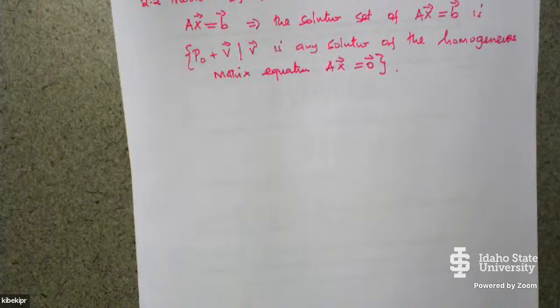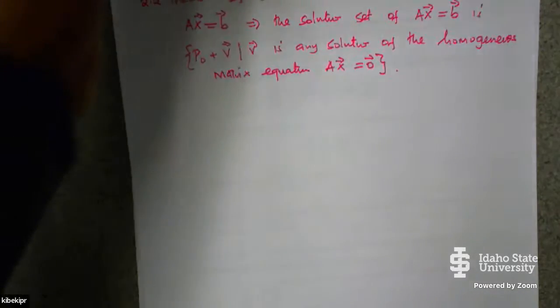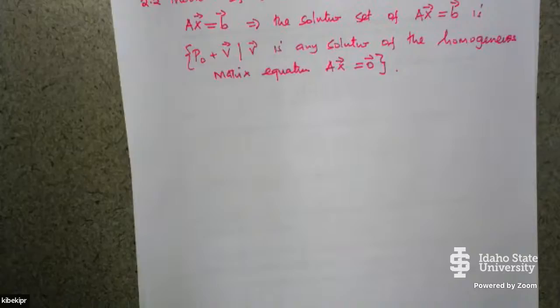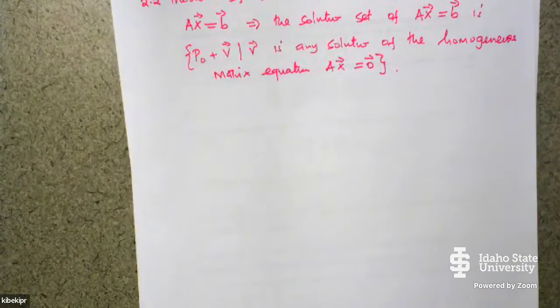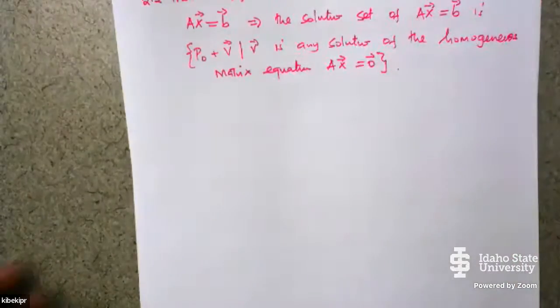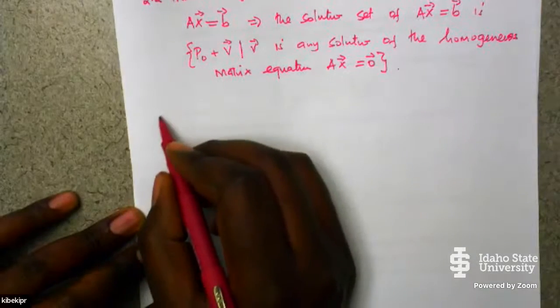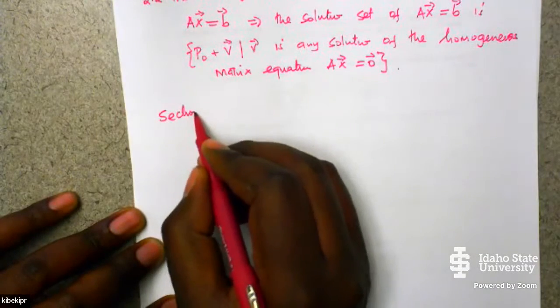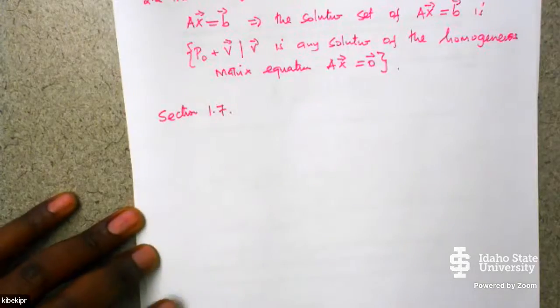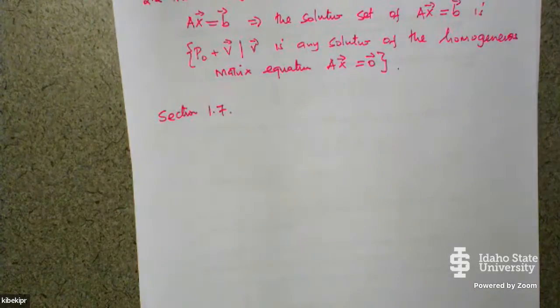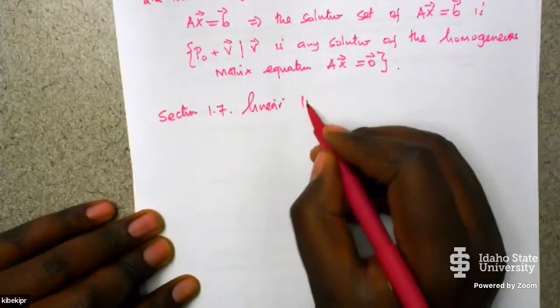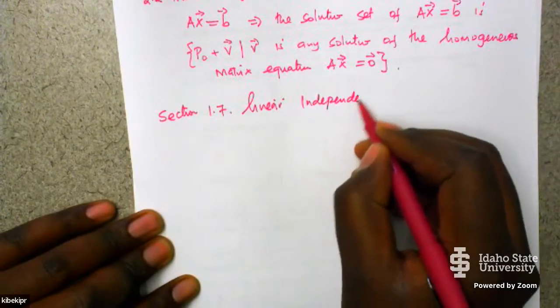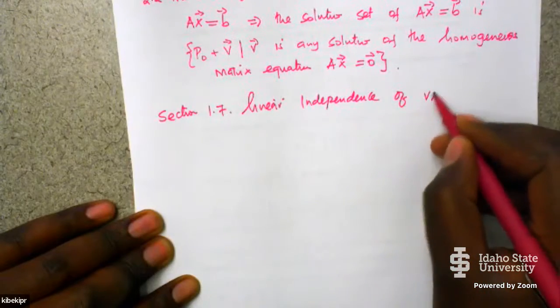Okay, that is the end of section 1.5. Now we're going to do section 1.7, and this is linear independence of vectors.